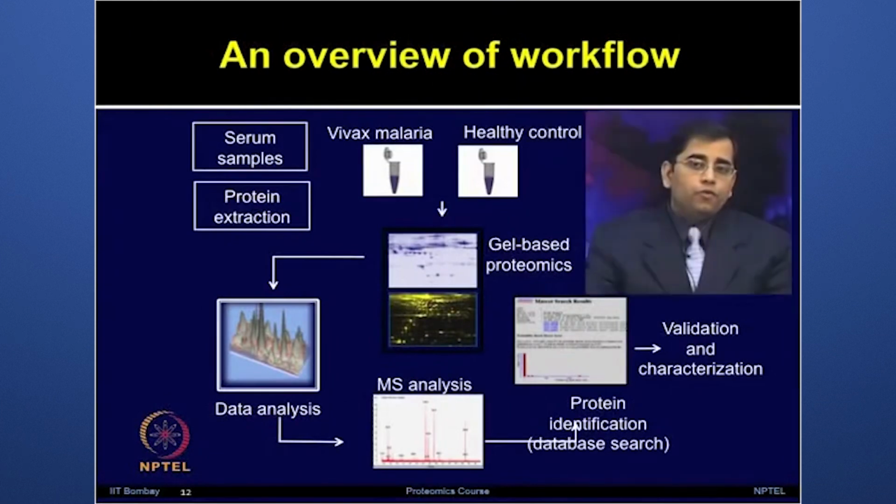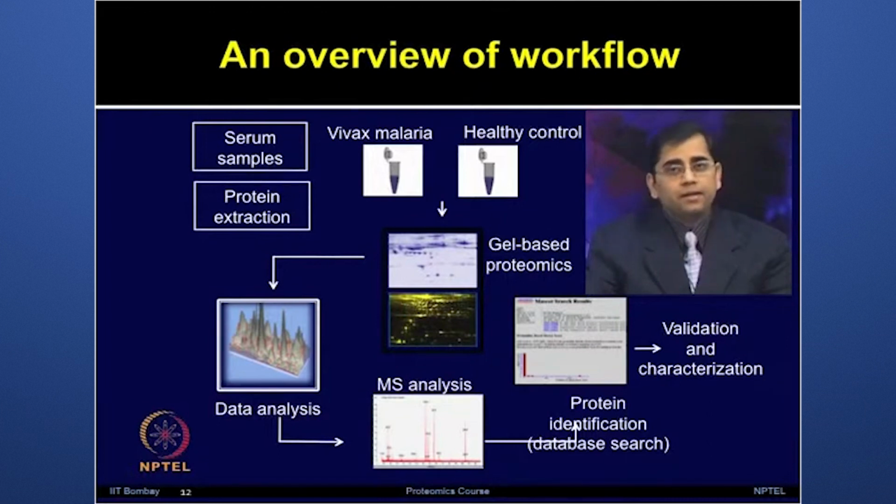This slide gives an overview of the workflow which we followed to investigate the host response against Plasmodium vivax in human serum. Serum samples were obtained, proteins were extracted, and the protein samples from healthy individuals and vivax patients were compared by applying gel based proteomics, including two-dimensional electrophoresis and difference gel electrophoresis.